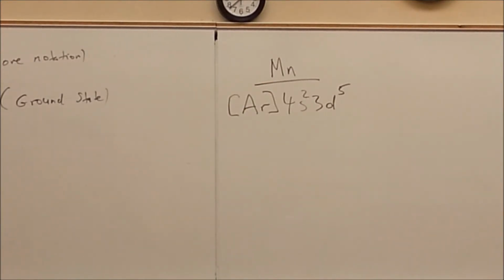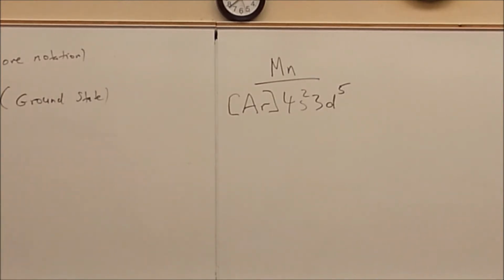The next lowest energy maybe. But to make an excited state like this, usually what we do is take the last electrons that went in and put them into another orbital that's higher up. An example of an infinite number of excited states: this is 1s, 2s, 3s, 4, 5, 6, 7, right?